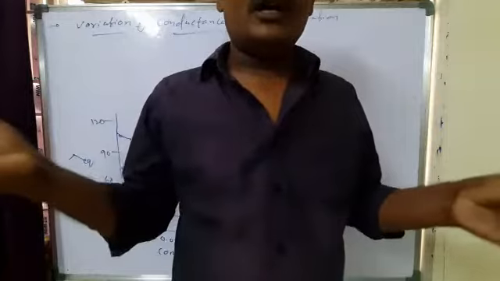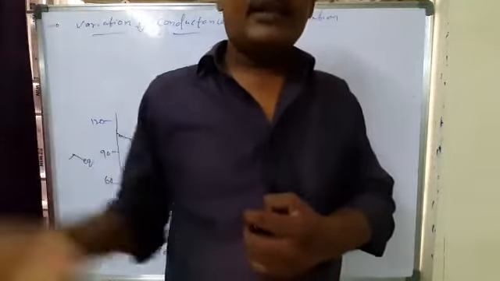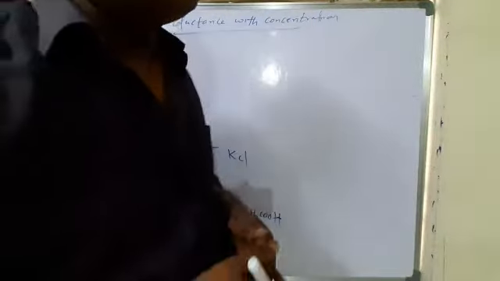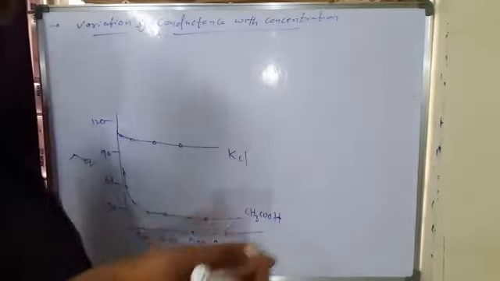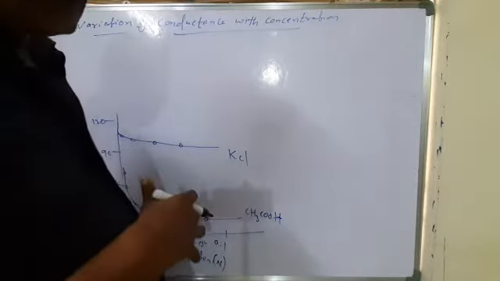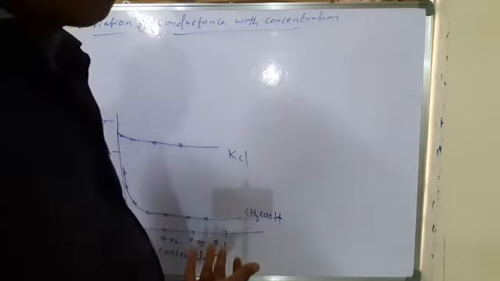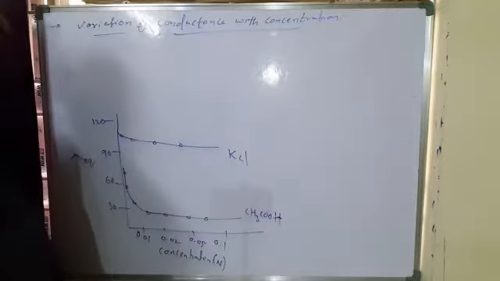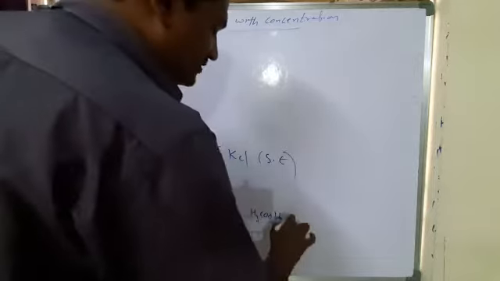If you take 100 molecules, about 70 to 80% ionize initially. Weak electrolytes are very little ionized, so the number of ions is less and the conductance is less. For strong electrolytes the number of ions is more, so the conductance is more. Here KCl is the strong electrolyte and acetic acid is the weak electrolyte.